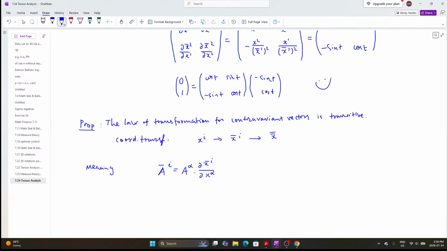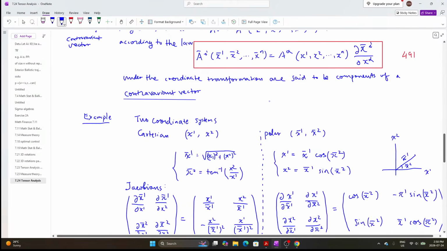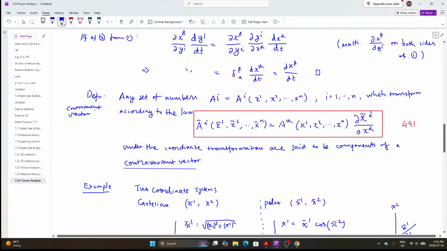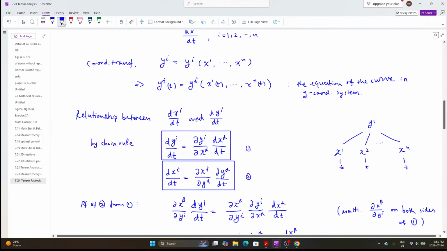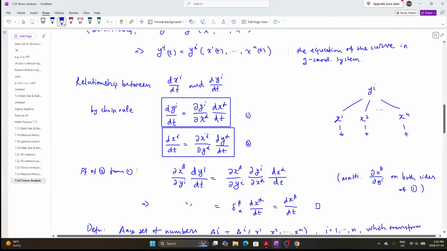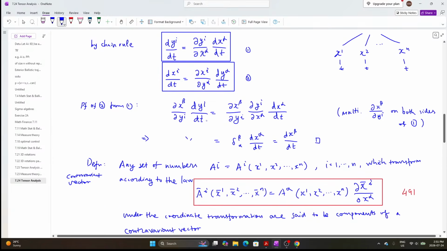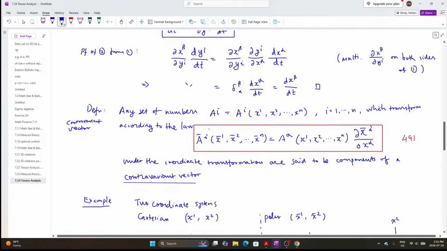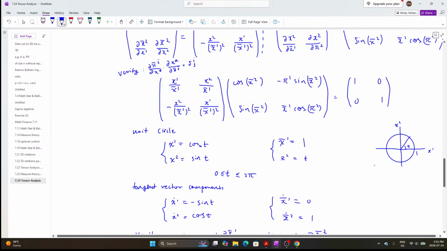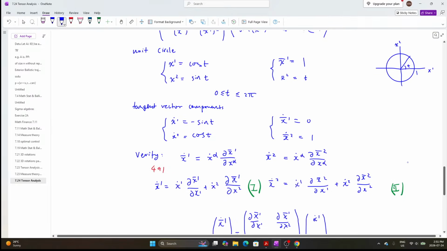So that's why I'm not jumping into the next definition, right? I gave the definition of a contravariant vector motivated by how a tangent vector works. Here we have a concrete example of how a tangent vector transforms, and then we abstract that into the definition of a contravariant vector, and then use a concrete curve, a circle.